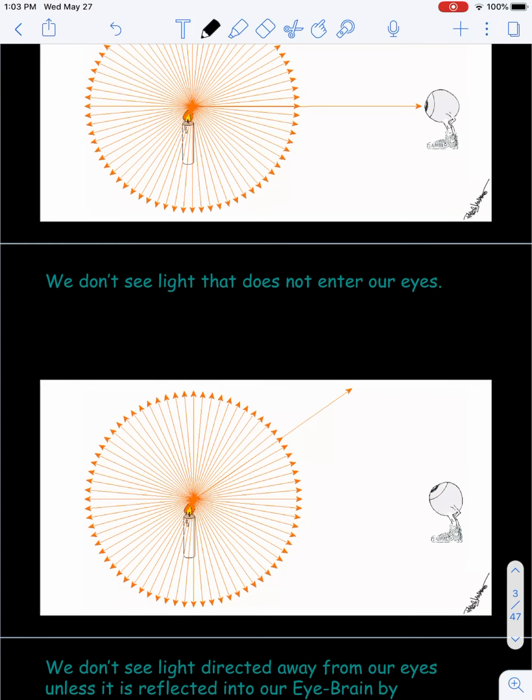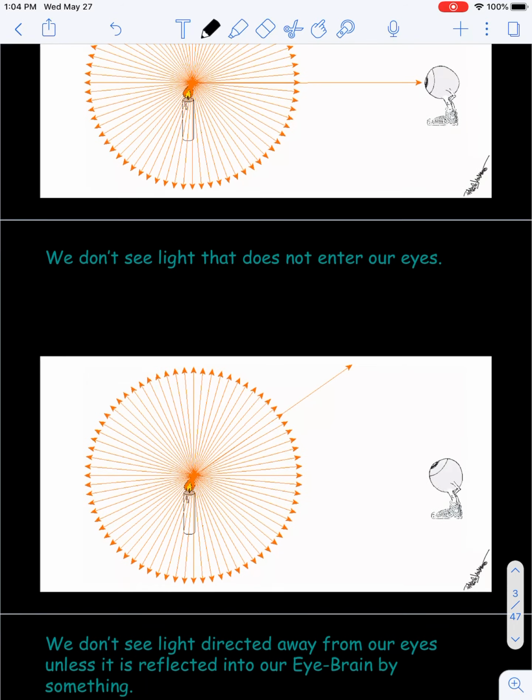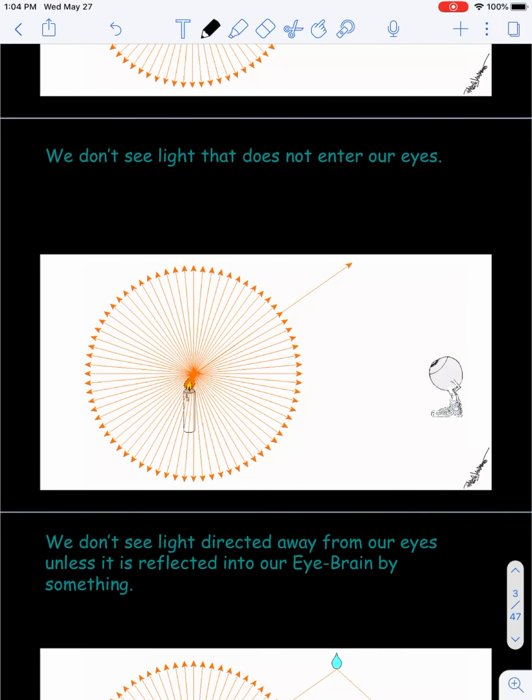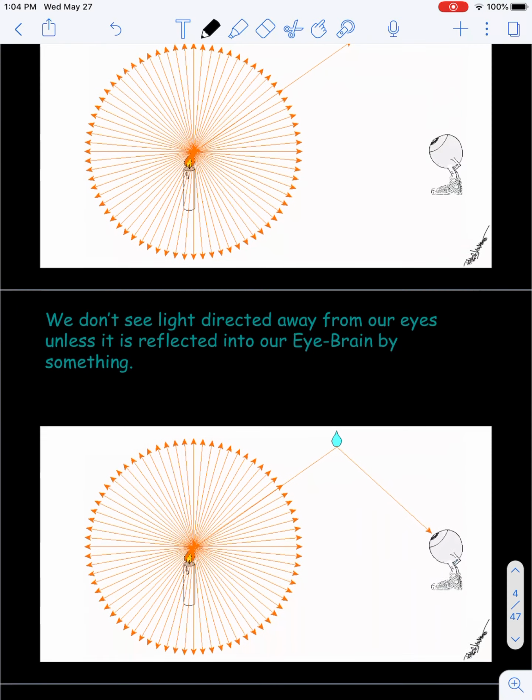We're only seeing the light that enters our eyes in a straight line from the source, or, as you're going to see, is reflected off of something and then has a straight line into our actual eye. So we do not see light that is directed away from our eyes unless it is reflected into our eye brain by something.